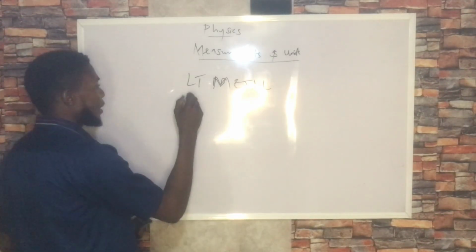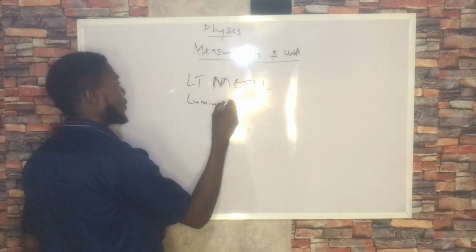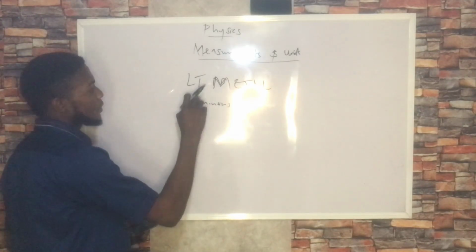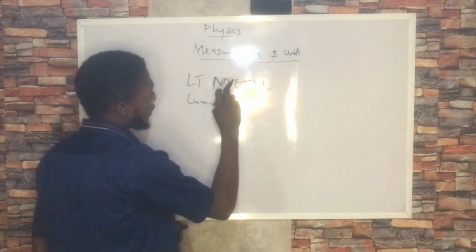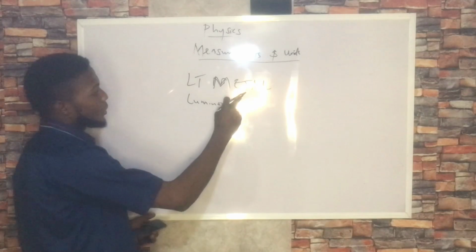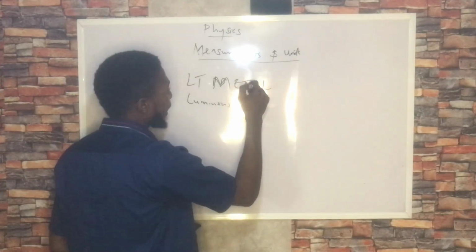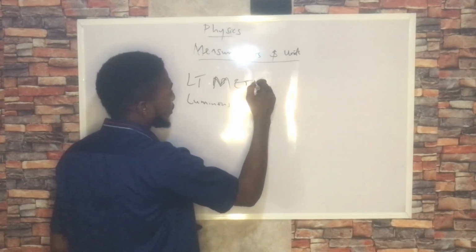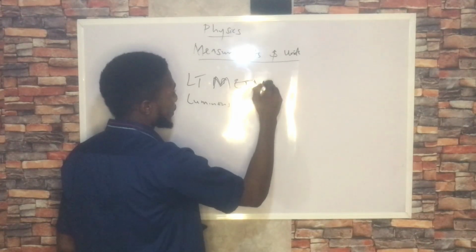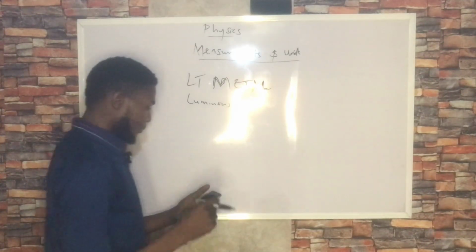We have luminous intensity, we have temperature, we have mass, we have electric current, we have time, we have amount, and we have length.